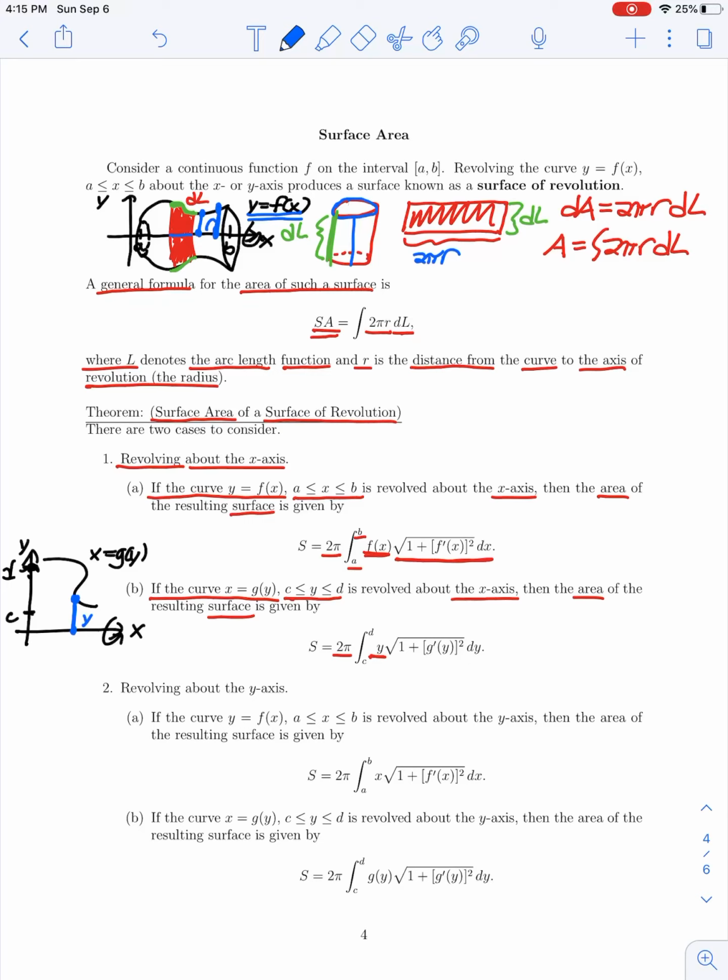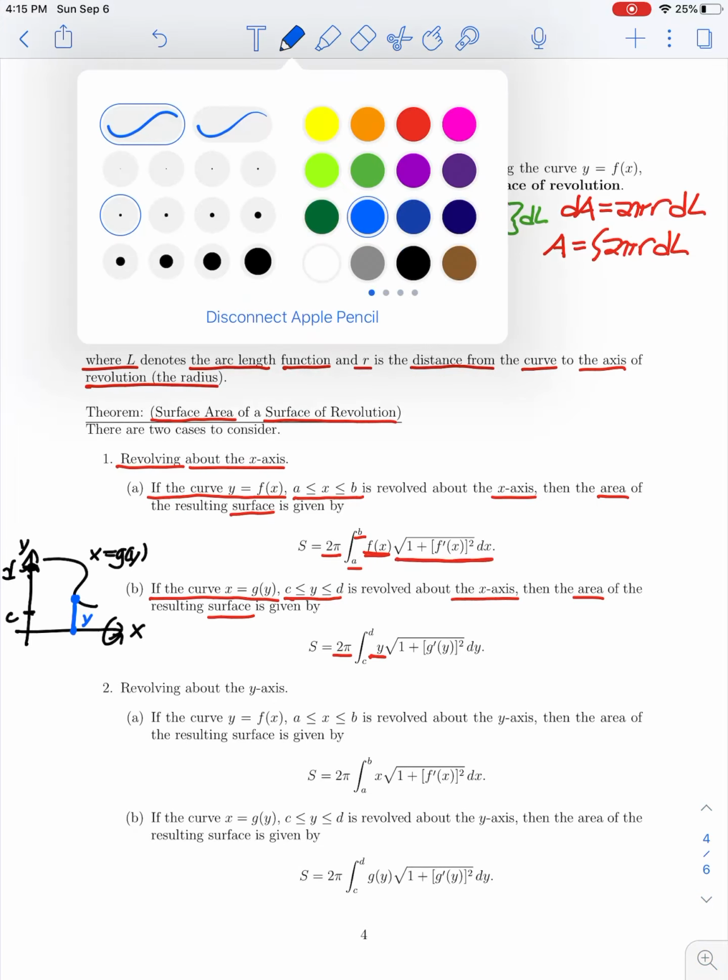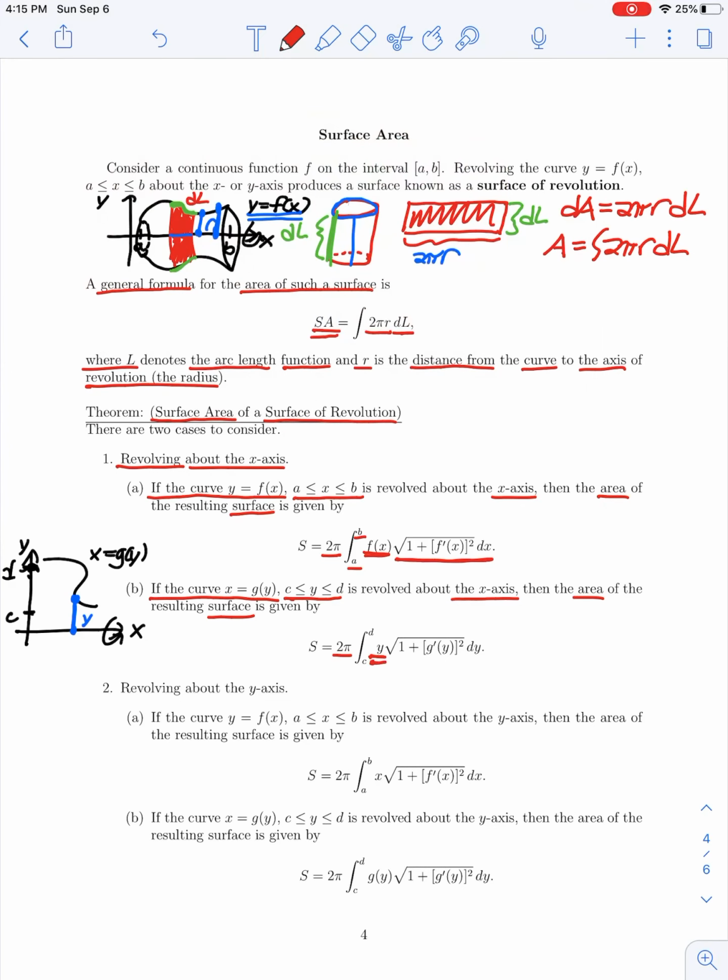So here, if we have x as a function of y, then we would just leave y as is, because we're going to integrate with respect to y.